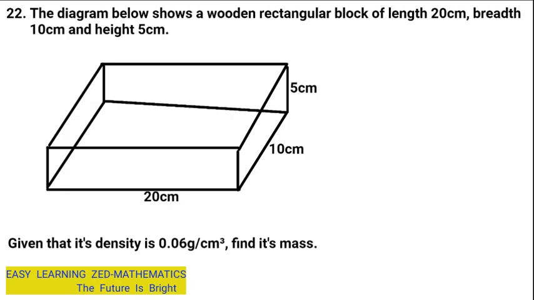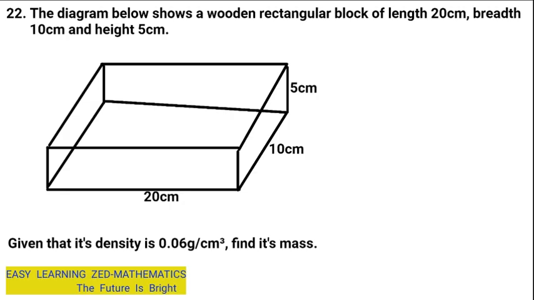To find the mass, we need to multiply the density by the volume, because the formula for finding mass using density is mass is equal to density times volume.